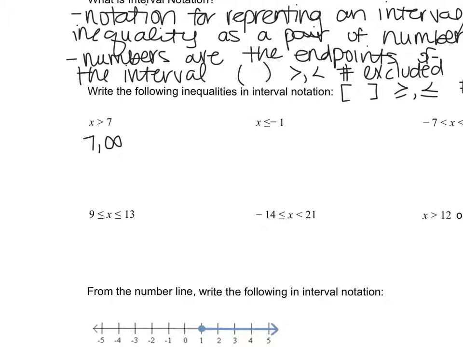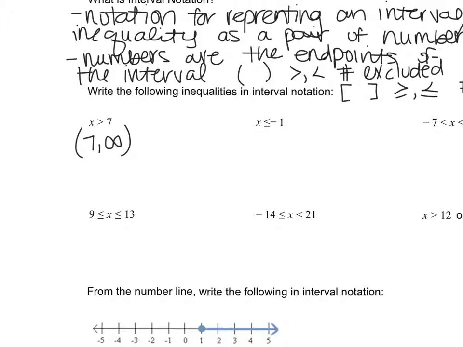So because it's a greater than sign, I know that 7 is not included as a solution, which means I need to use a parenthesis. And then I just have to figure out what type of bracket to use for infinity. Well, the nice thing is anytime I use infinity, it's always a parenthesis, since infinity is a concept, it's not an actual number.